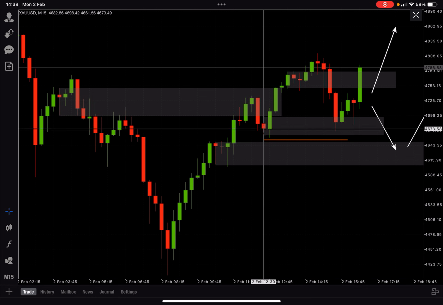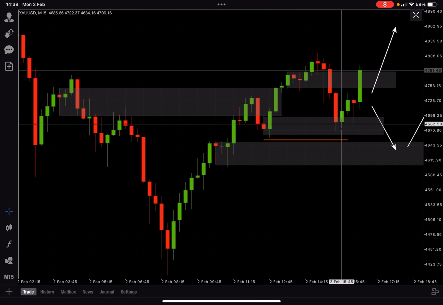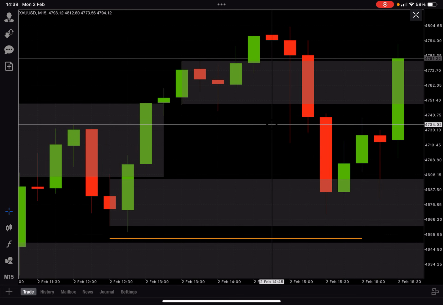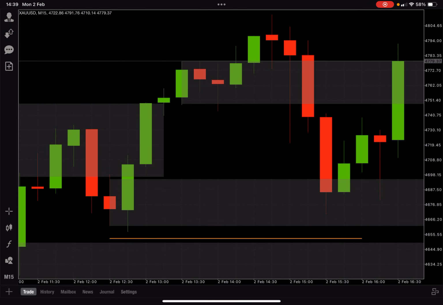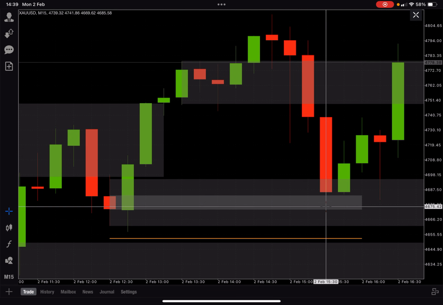Right here is a 15-minute bullish manipulation candle that got retested on this big red candle. It retested the body of that 15-minute manipulation candle. If I just put a grey box running along that body, you can see how on point it is. So then we got a nice reaction.